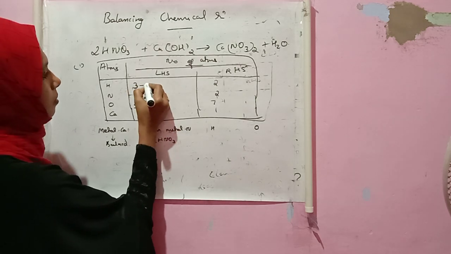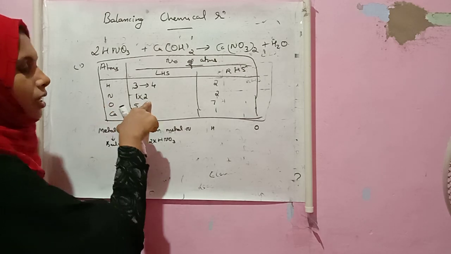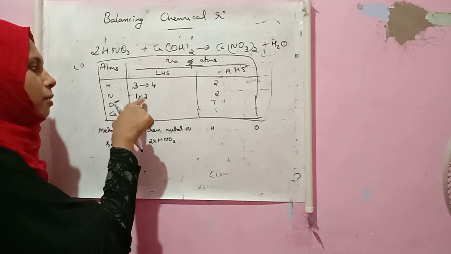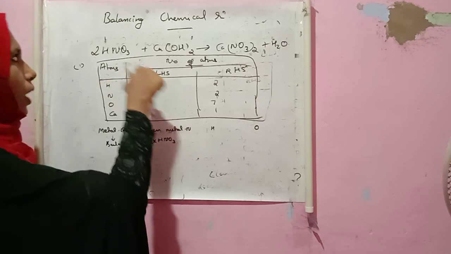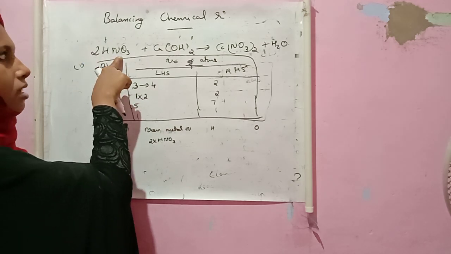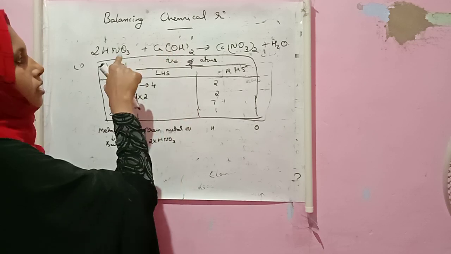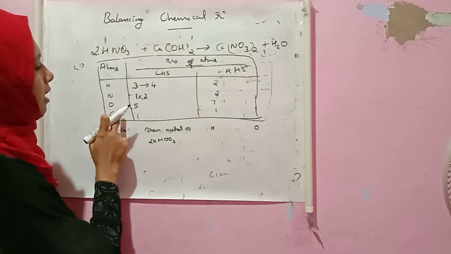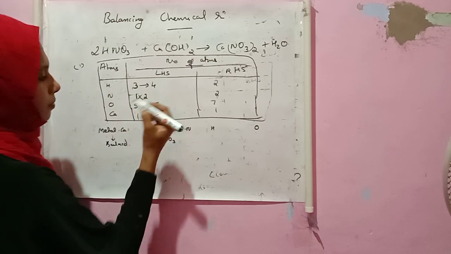Hydrogen is changed from 3 to 4. Also the changes happen for oxygen: 2 into 3, 6, plus 2 into O, that is 2. 6 plus 2, 8, means oxygen is changed from 5 to 8.